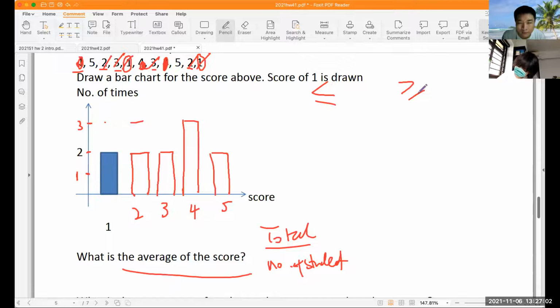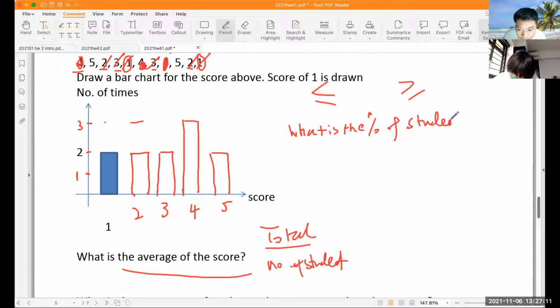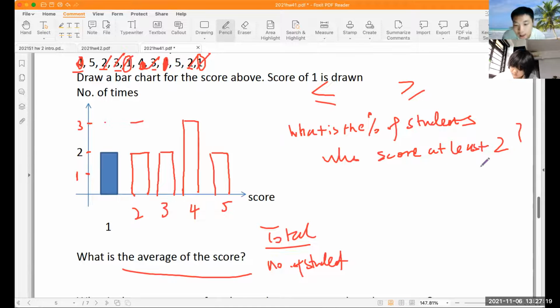So what if the question asks, what is the percentage of students who score at least 2? How are you going to answer this question?